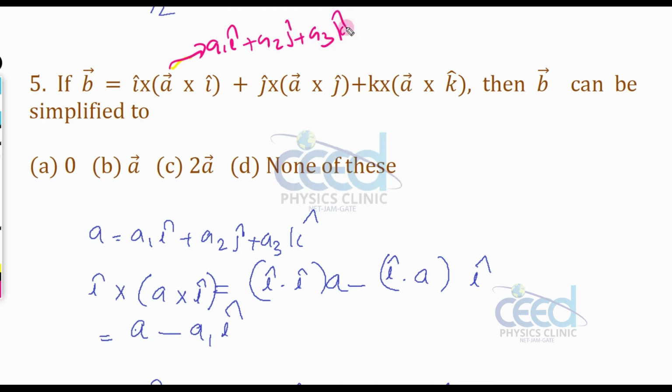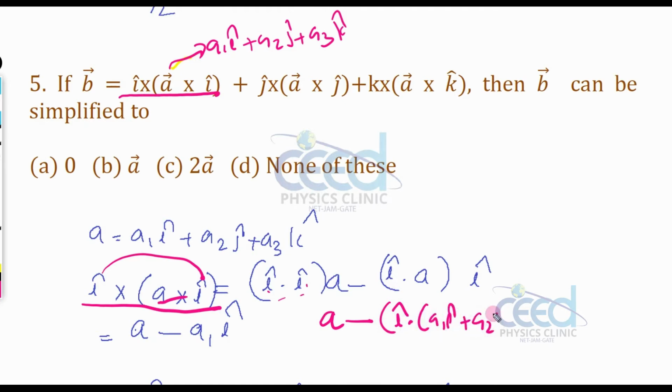I am going to calculate the first term, that is i cross A cross i. By the vector triple product, that is equal to i dot i into A minus i dot A into i. i dot i is 1, so A minus i dot A, where A is A1 i cap plus A2 j cap plus A3 k cap, so i dot A is A1, and outside we have i cap.